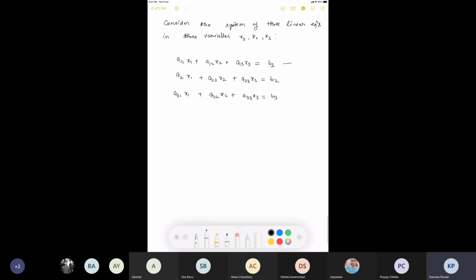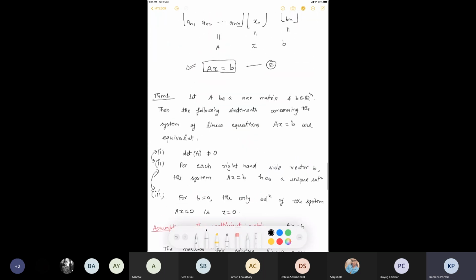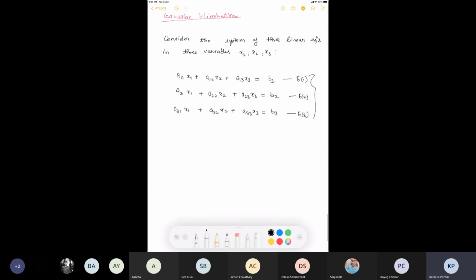Let's call these equations E1, E2, and E3, and this complete system is system 1.